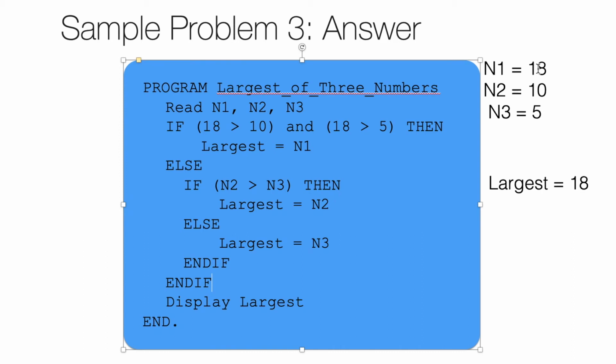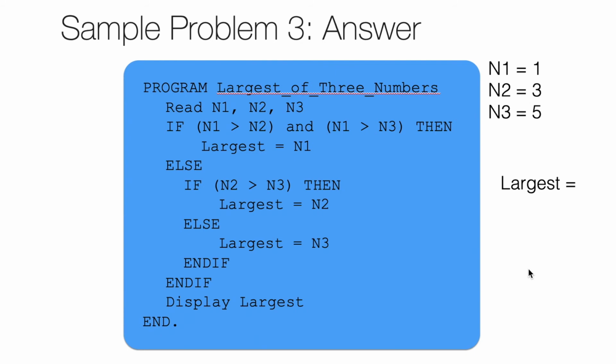Let's assume that this one becomes 1, this one becomes 3, and this one 5, which should give us the right number as the largest. So I'm going to keep it back as n1, n2, n1, n3.